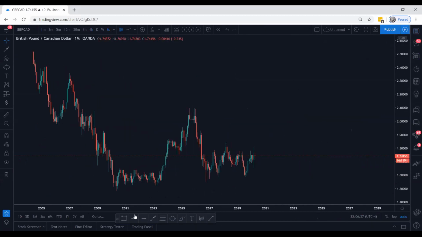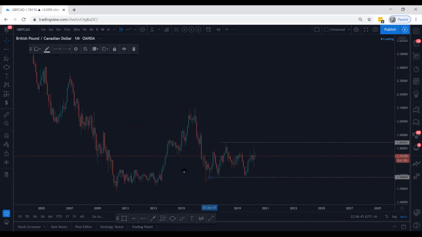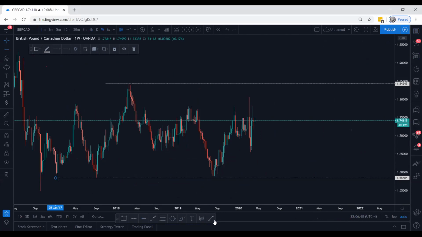So monthly, I'm looking for my highs and my lows. Weekly, I'm looking for the overall trend.